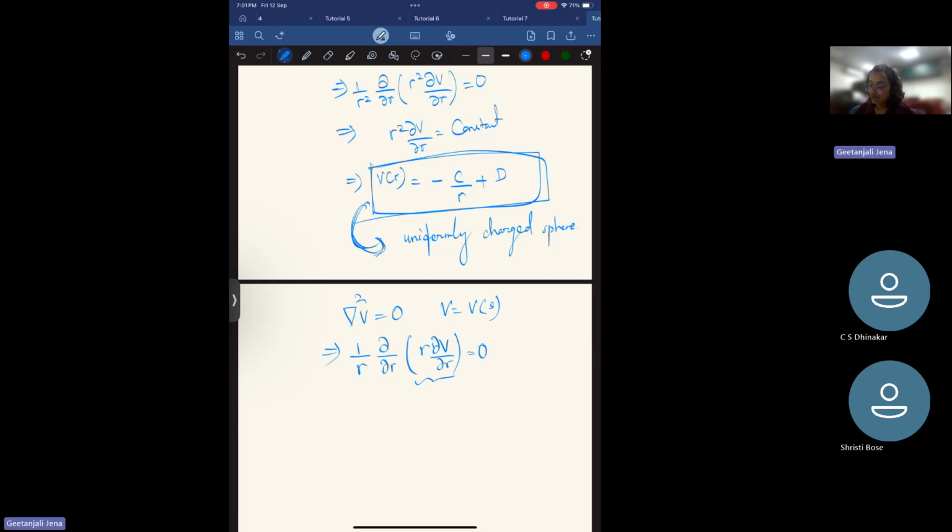And this should be a constant now. If you take it as a constant, V of R is A ln R plus B. And one example is the potential of a long wire.